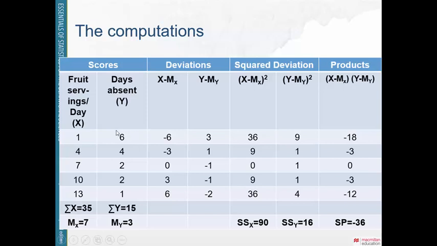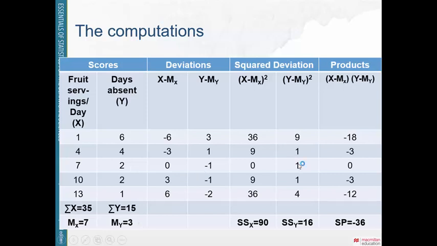Now what about days absent? So 6 minus the mean of 3 is 3. Square it is 9. 4 minus the mean of 3 is 1. Square it is 1. 2 minus the mean of 3 is -1.